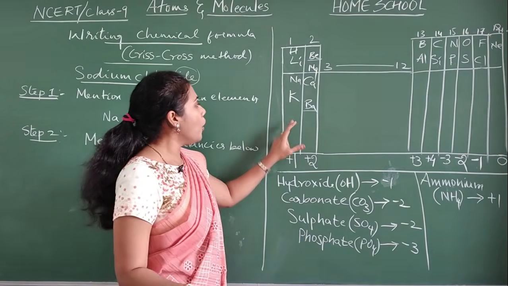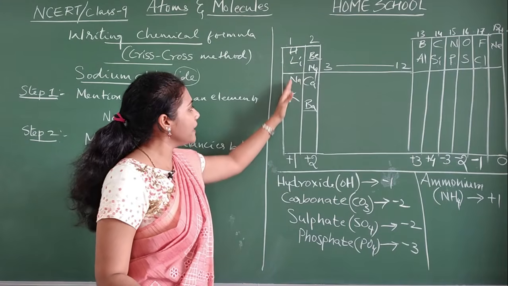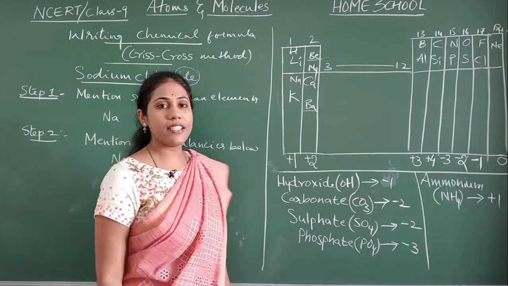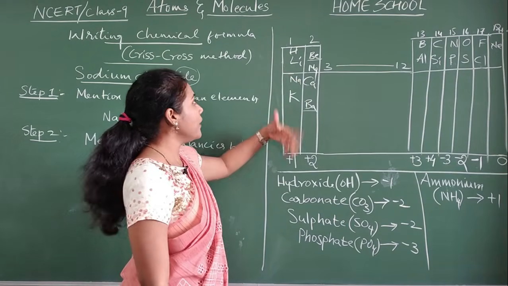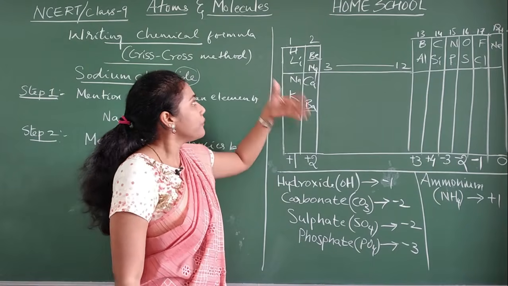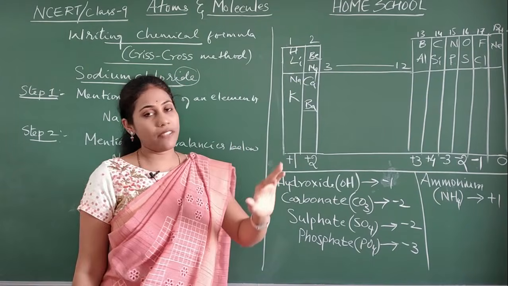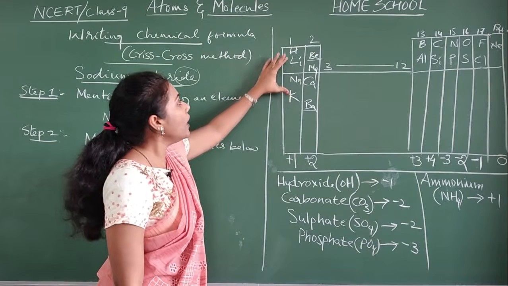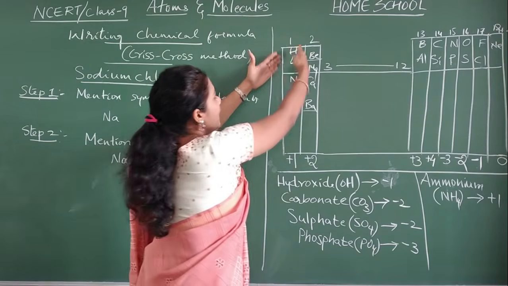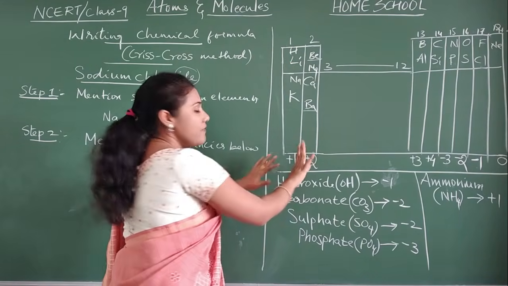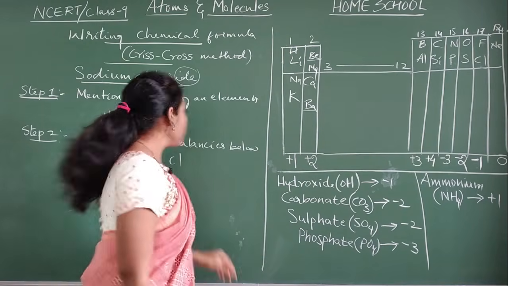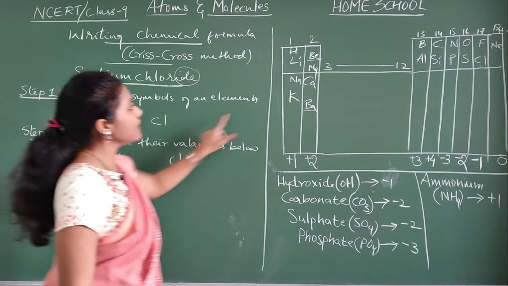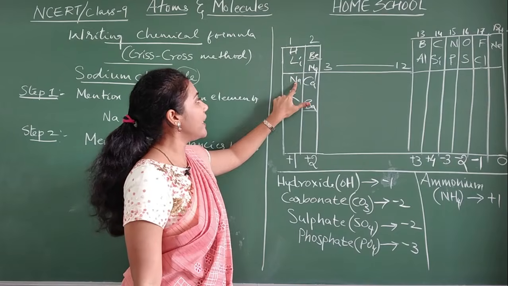Because all the elements that come in group 1 will have this valency only. You will not observe hydrogen having a different valency, lithium having a different valency. All elements which come in the same group will have the same valency. So where is our sodium coming, guys? Sodium is coming in group 1, isn't it?